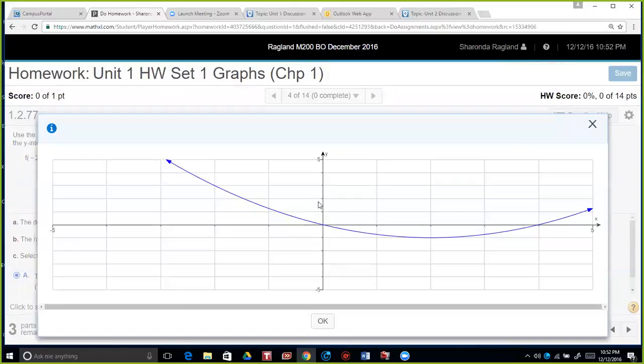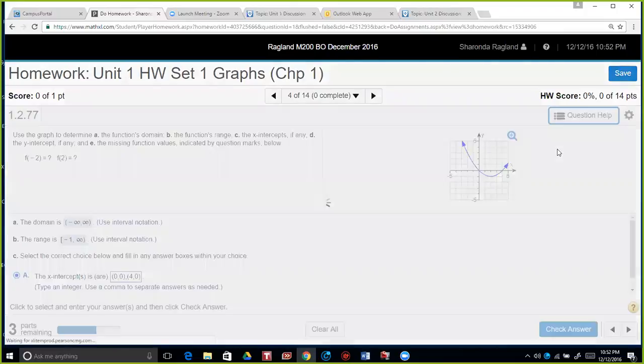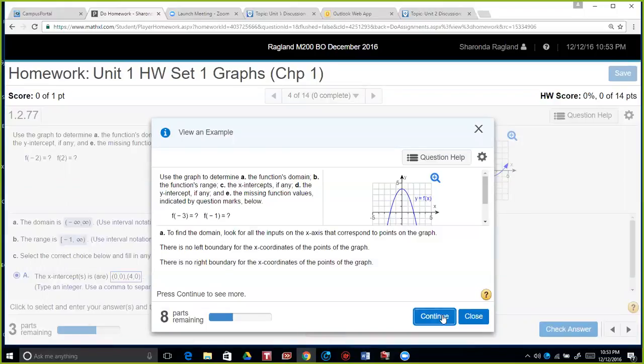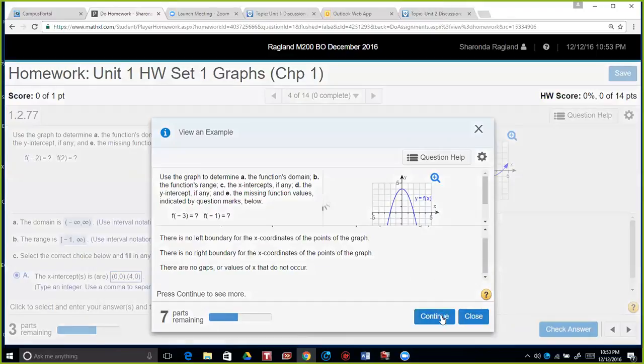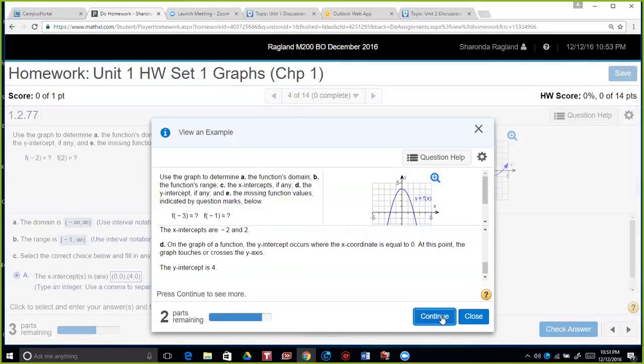Oh, okay. Now let's look at something. You see how we wrote it as a point? So basically, look at the view an example. Now it wanted us to type it as an integer. So that's where I failed to read it correctly, because it did not say an ordered pair. Normally they would say an ordered pair, but for the x-intercepts, I think they just want us to write it as an integer.